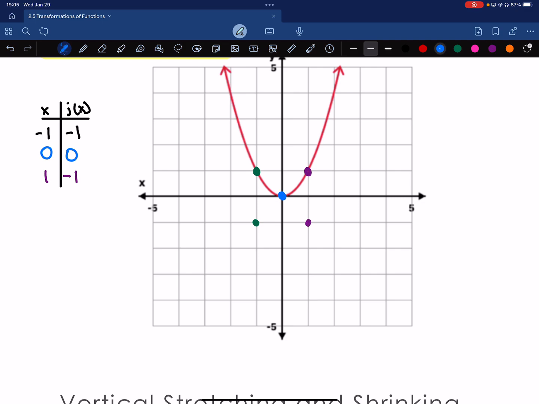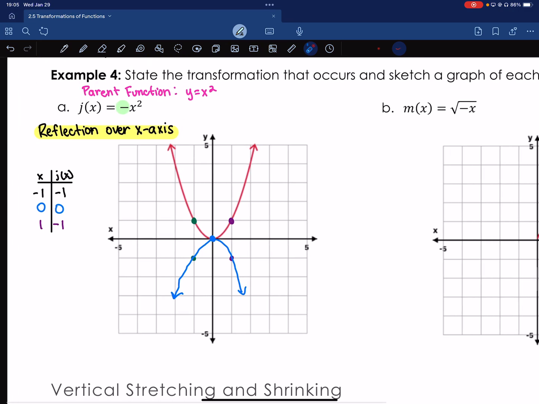And so then you have your parent function. Boom. So only your y values change to be the opposite sign. And it shows that it's a mirror image of the graph, and it's just flipped over that line. So if you fold it in half, they should line up.